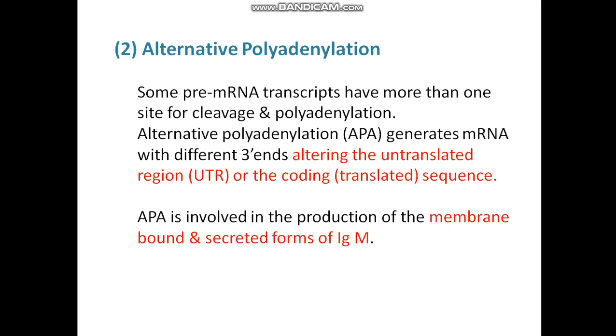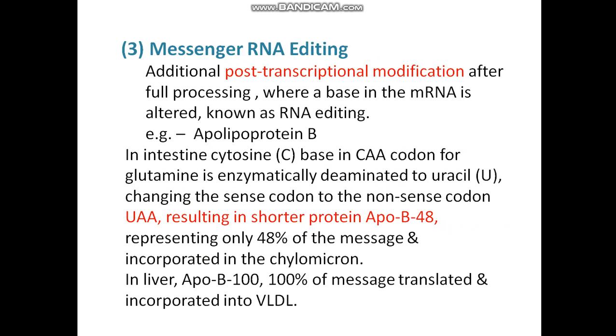Alternative polyadenylation: some pre-messenger RNA transcripts have more than one site for cleavage and polyadenylation. This generates messenger RNA with different 3' ends, thus altering untranslated regions or coding sequences. Alternative polyadenylation is involved in the production of membrane-bound and secreted forms of IgM.